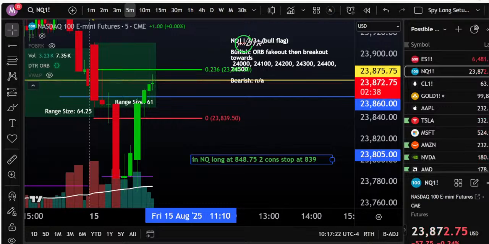All right. So I'd like to get one more decent crack or decent pop out of this. I would say the biggest concern for me is the lack of volume at this point.